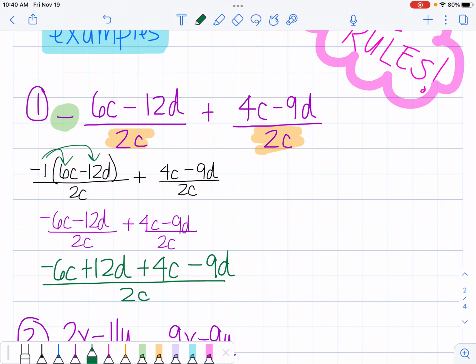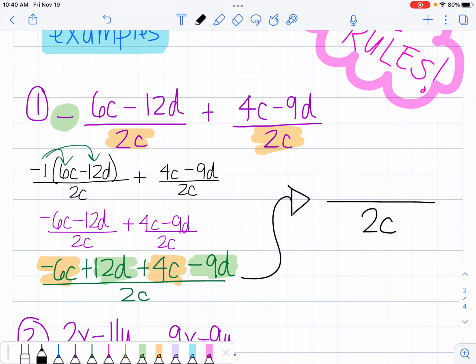Now, I have to look in my numerator and see, do I have like terms? So here I have c's, and here I have c's, and here I have d's, and here I have d's. So I'm going to combine those together. Again, my denominator stays the same, 2c.